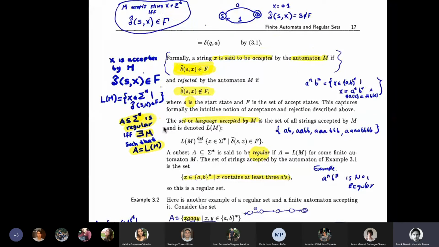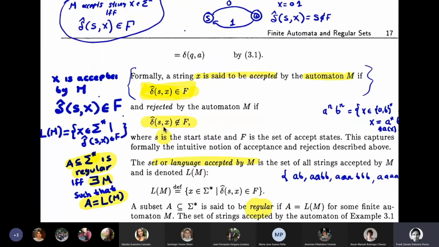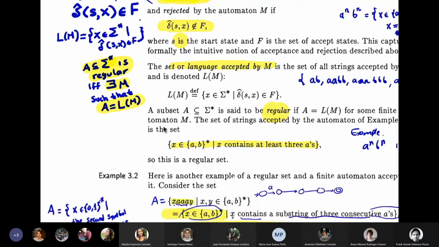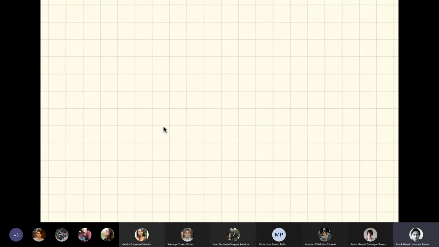Now we're going to define the notion of acceptance. Actually, let's try to do it ourselves. That would be better for you. Remember that an automaton M accepts a string.